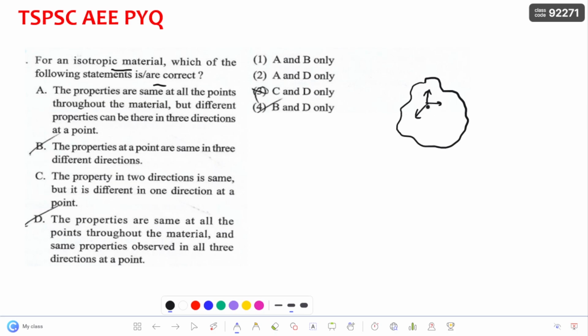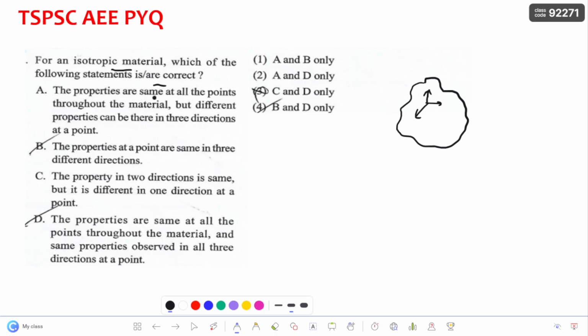Isotropy speaks only about a point in a body, but homogeneous speaks about all points in the body. That means the properties are the same at all points throughout the material. That is nothing but homogeneous. If you are speaking only about a point, then it is isotropy. Remember this difference. Next, coming to C, you can see the options.